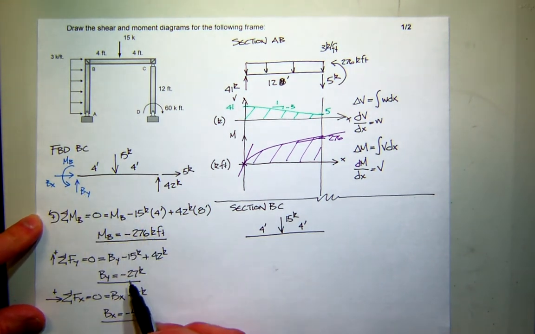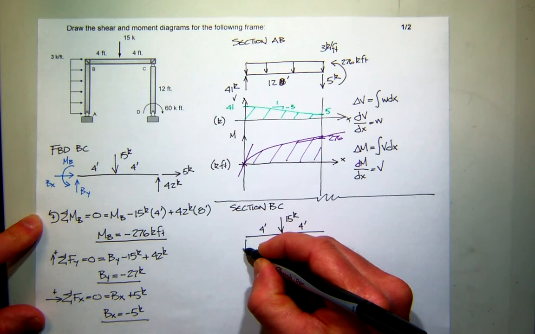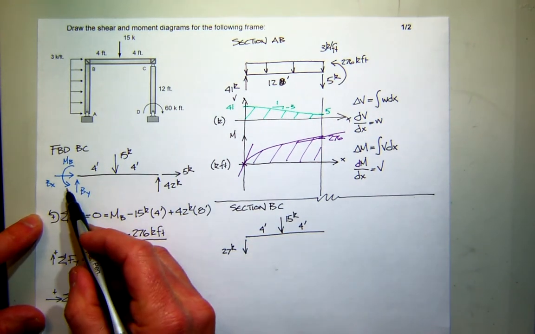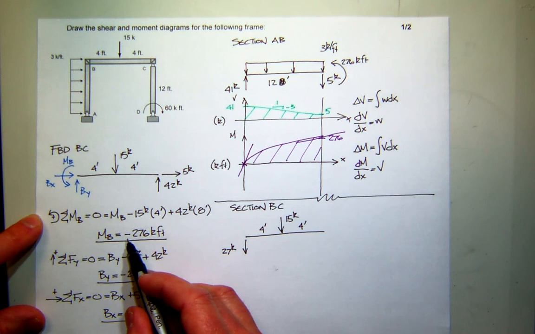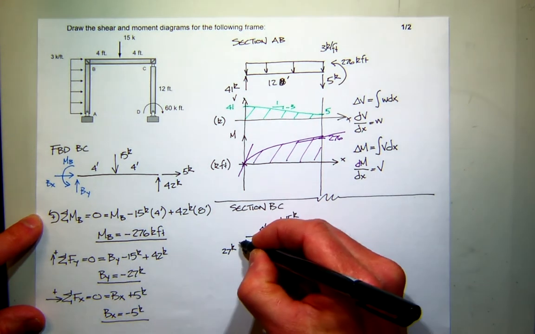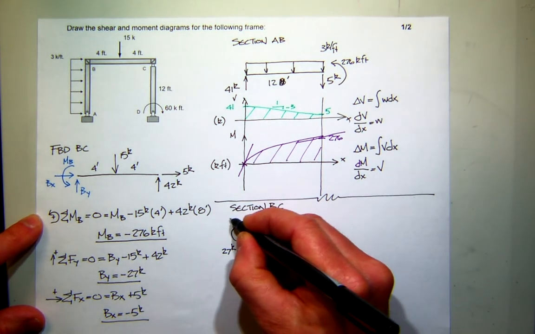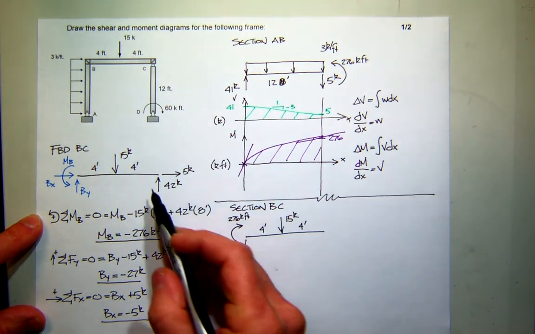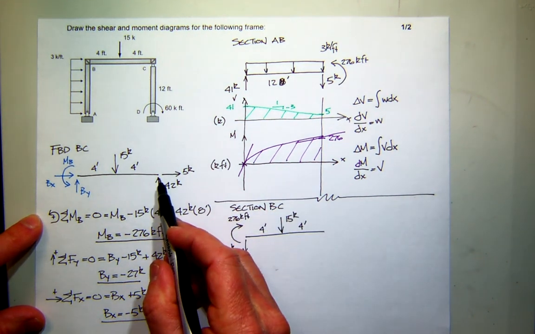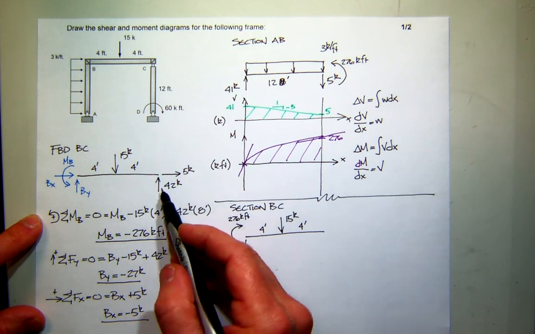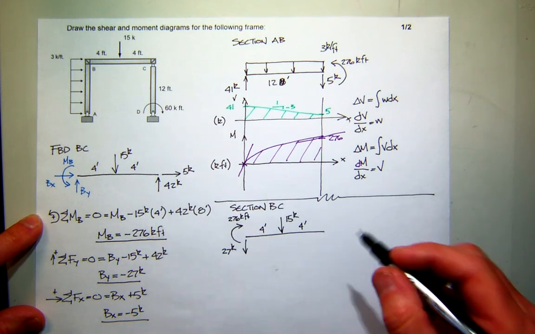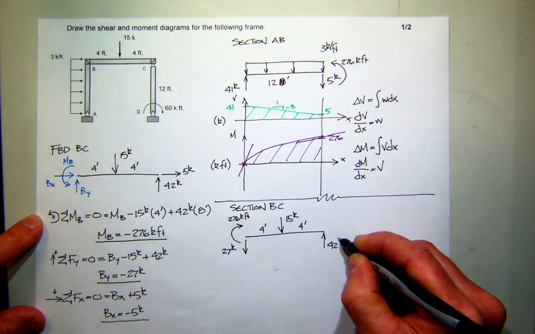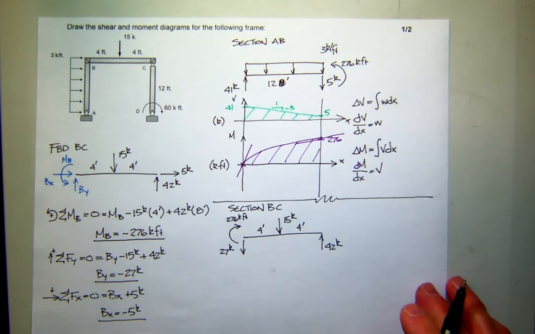We found BY to be negative 27, so it's actually down. We found the moment to be negative 276, so that means it's opposite 276. What's the moment at C? 0. What's the reaction at C? 42 up.